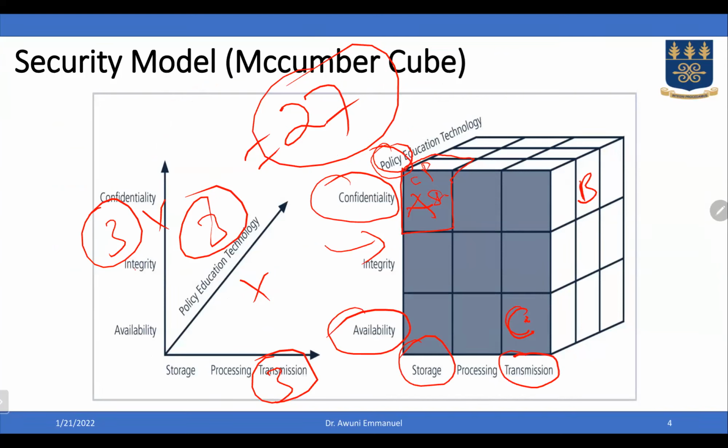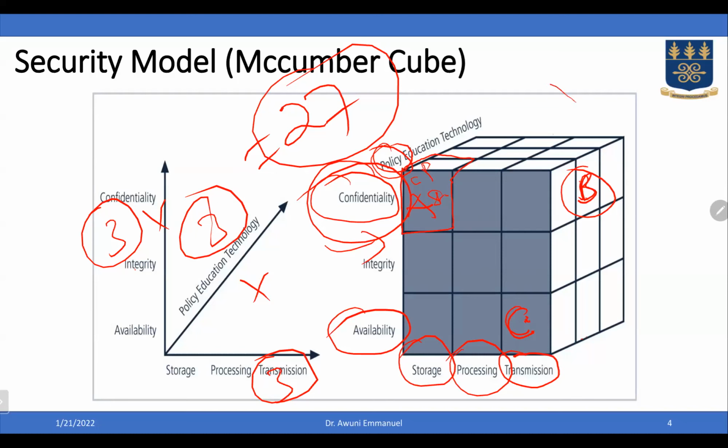Now, if you look at B, we are talking about confidentiality here. We also have, I think, education in it. And then we have processing. So you can also say that cube B is the protection of confidentiality of information assets in processing through education, or developing certain curricula in order to improve the educational level of the organization.